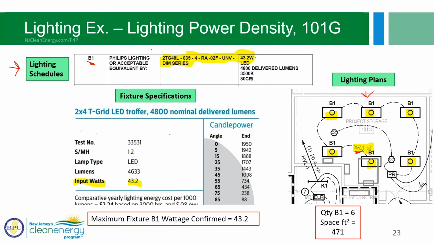And I'm going to double check in the fixture spec that is the maximum fixture wattage, because I know that's required by the program in Appendix G. And so you see that, okay, the input wattage of this fixture is in fact 43.2. So we now know we have 6 B1 43.2 watt fixtures in a space that is 471 square feet. And that is our project storage 101G.